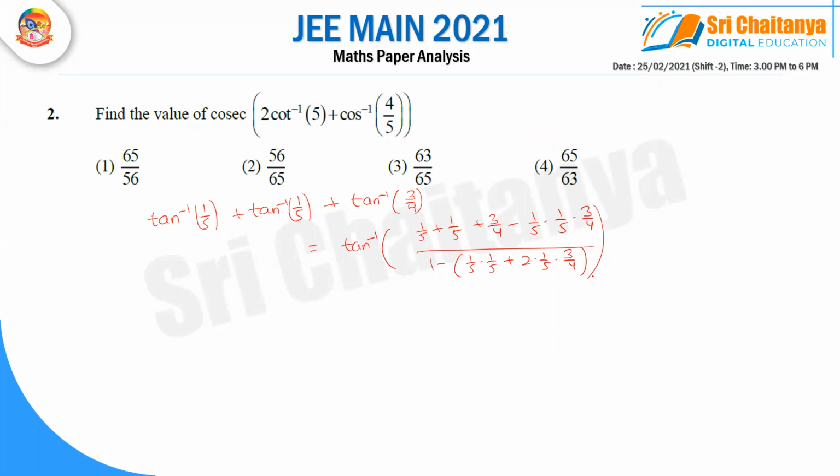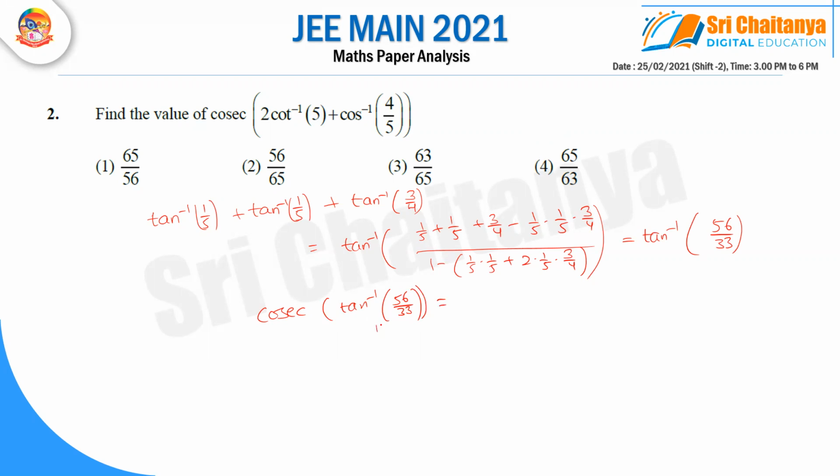When you solve this, you will be getting tan inverse of 56 by 33. And now it is given as cosecant of tan inverse of 56 by 33.